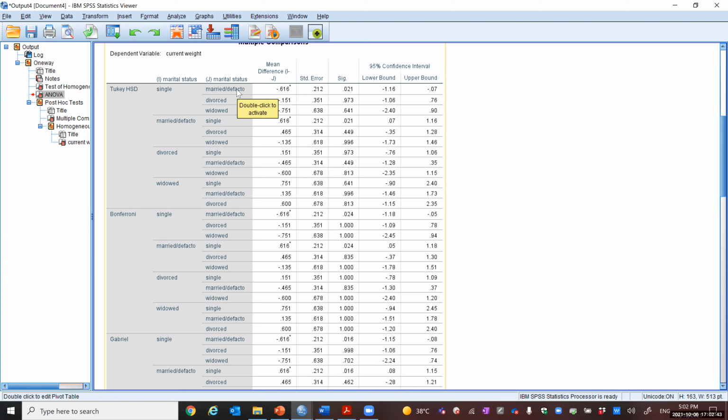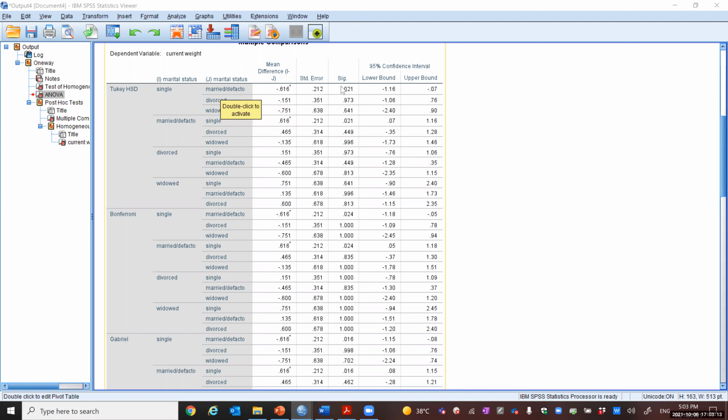Who has a higher weight here, married or single? Yes, married. So the mean differences between married and single are significant, where married have a higher weight than single. If you go further up in the row, you see that the significance value is 0.021.